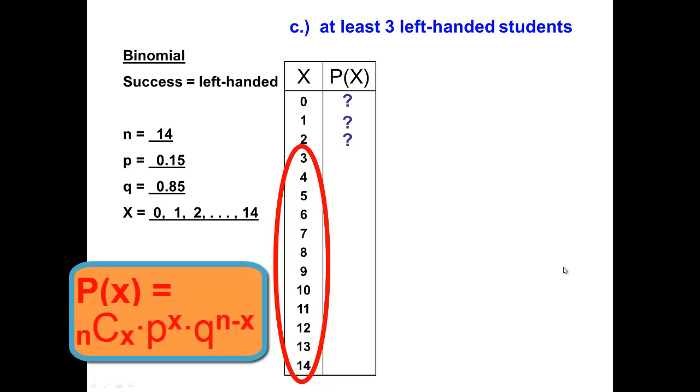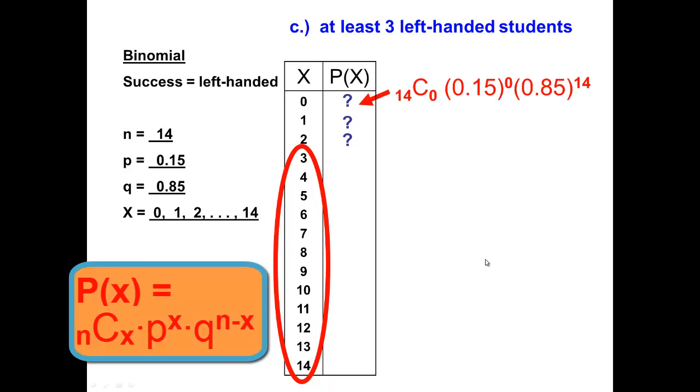Next, let's look at least 3 left-handed students. And notice at least 3 left-handed students will be the numbers 3 and greater. And I'm not going to read those, but those are the numbers 3 through 14. Since there are so many of those numbers, instead of trying to find all of those numbers and adding them together, let's find the numbers for 0, 1, and 2, the only things we didn't circle.